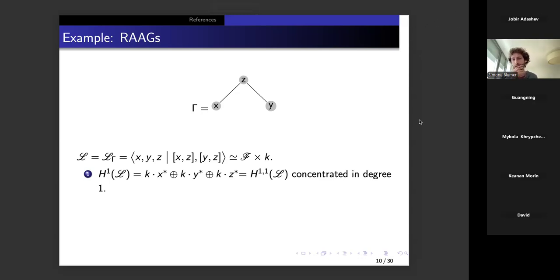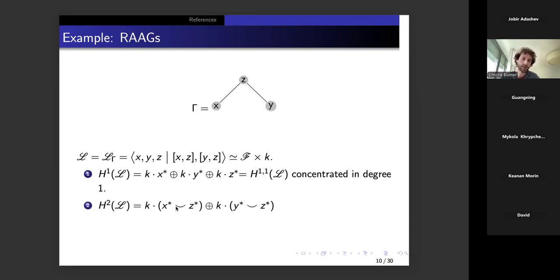This is because one can endow the right-angled Artin Lie algebra with, as we said before, a grading so that the generators have degree 1 and the relations are all of degree 2. So we get that H1 is equal to H11. Okay. And the second cohomology group can be computed in terms of the cup product.